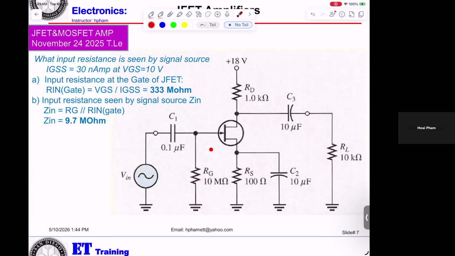However, you have to calculate the resistance of the FET, and we're already telling you R in gate, this is a formula you have to remember. Finally, if you're looking from here, you get two resistances in parallel.